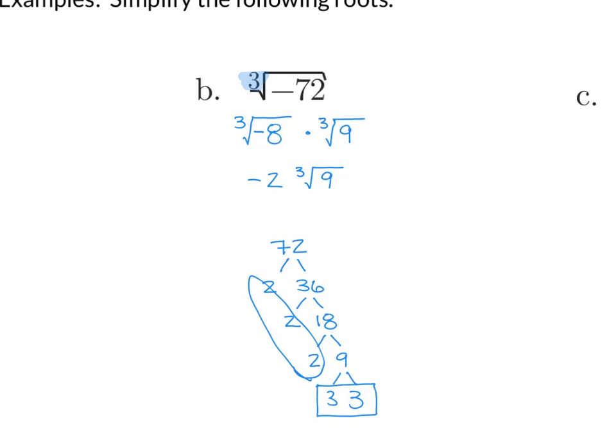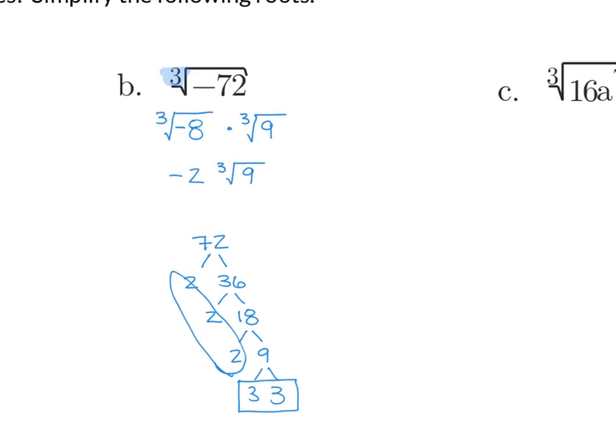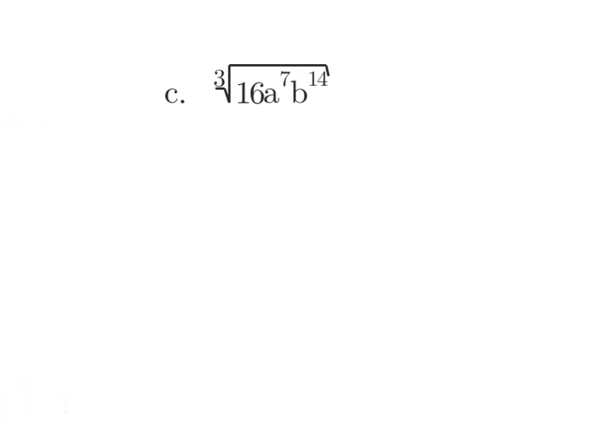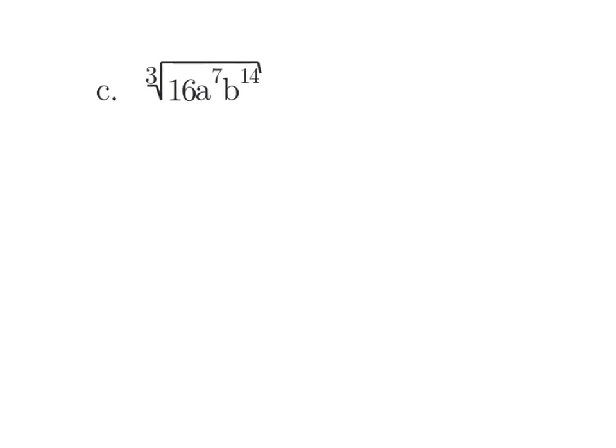Okay, let's try one more example. Let's look at the cube root of 16, a to the 7th, b to the 14th. Again, I want to break this down into cubes and non-cubes. So 8 is a cube, and it divides into 16.